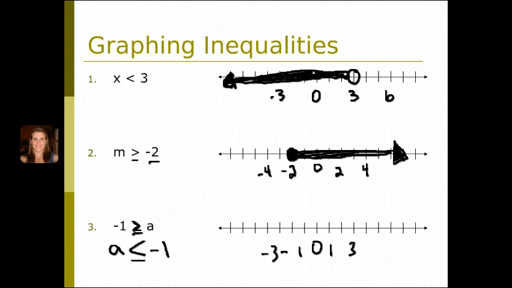Our starting number is -1. It is included, so we're closing our circle. And then we have to include all numbers less than -1. Well, -3 is less than -1. Therefore, my arrow goes towards the negatives.